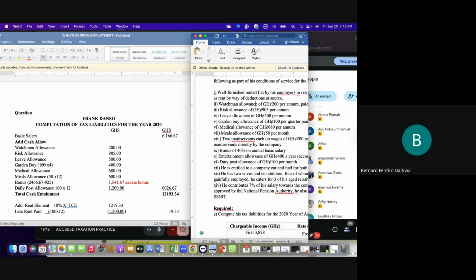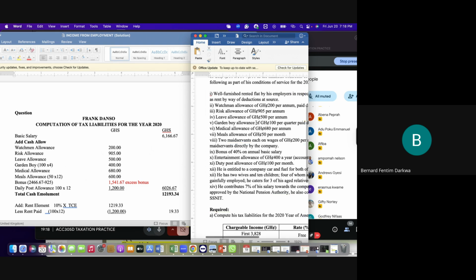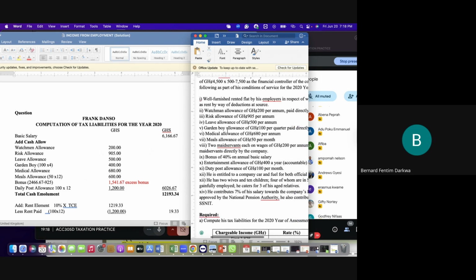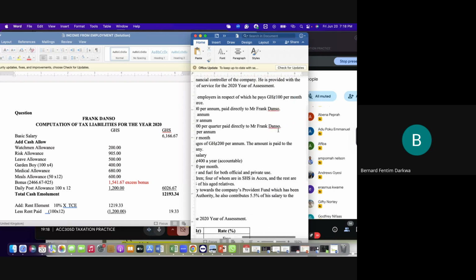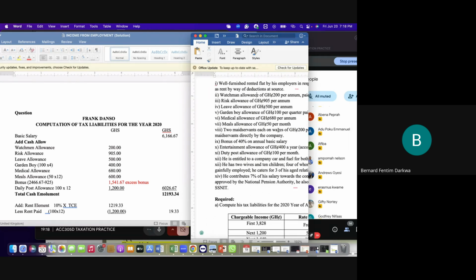Garden boy allowance: 100 per quarter and paid directly to Mr. Fernandez. Because it is paid to him, 100 per quarter, and there are 4 quarters in the year, you multiply the 100 by 4, you get 400.